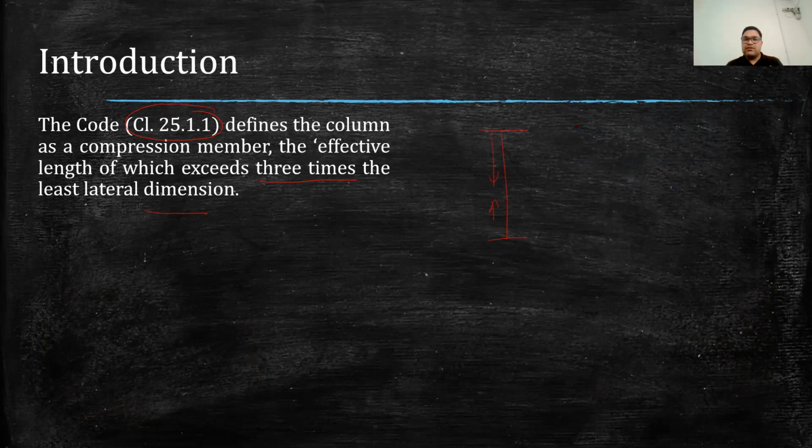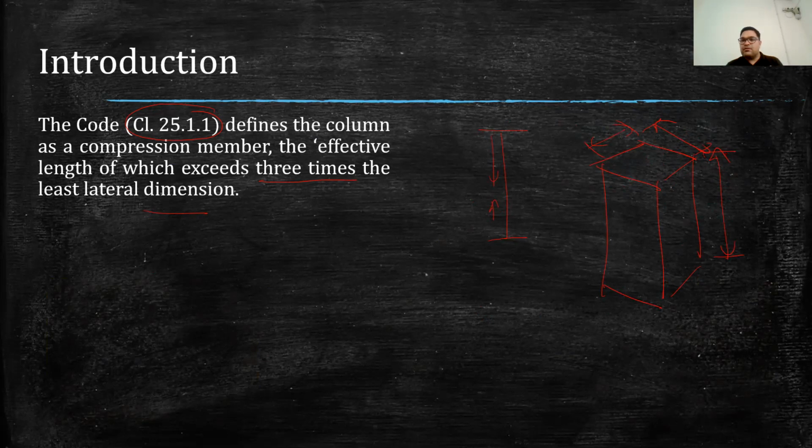And the lateral dimensions are, as I just covered in the case of pedestal. In the case of column also, these are the lateral dimensions, and this one is the height or length.